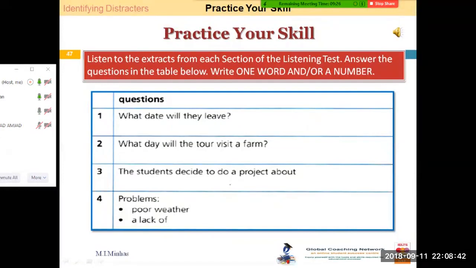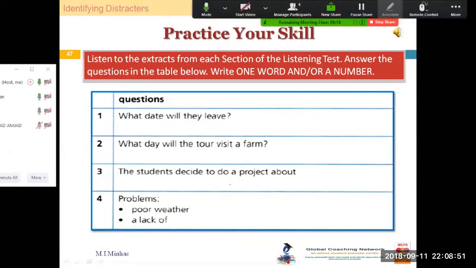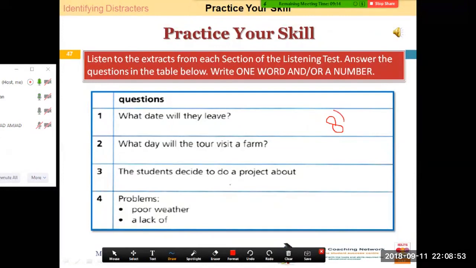For example, if they have to say the figure 8, they would say it as 'I eat', and you may get confused. So try to listen to multiple accents, right?